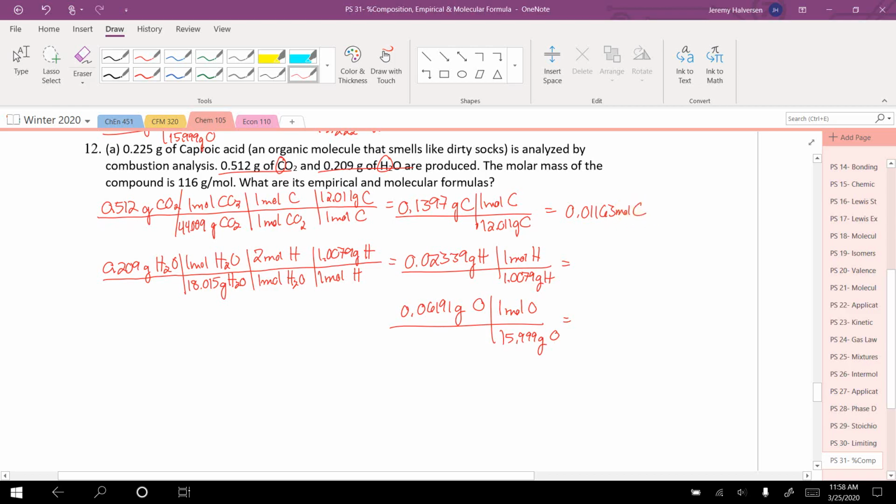Moles carbon, moles of hydrogen, and this many moles oxygen. Let's divide by the smallest, which is oxygen.